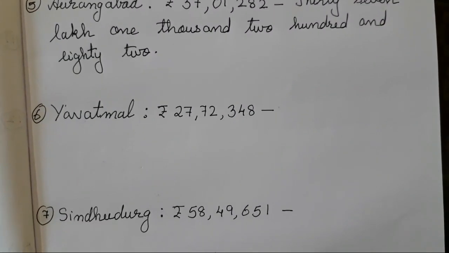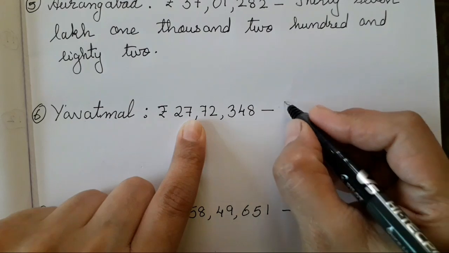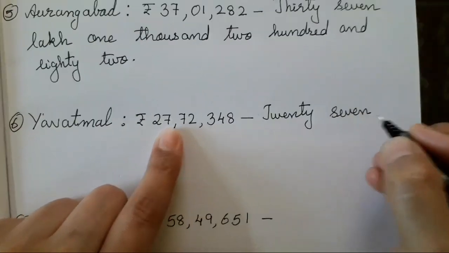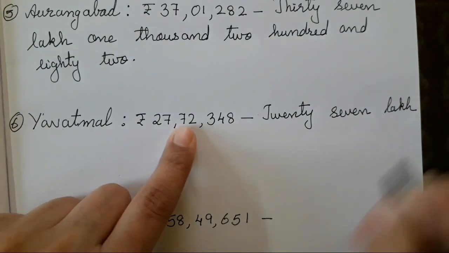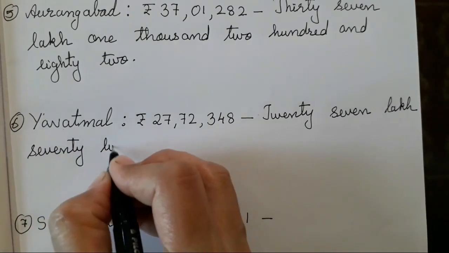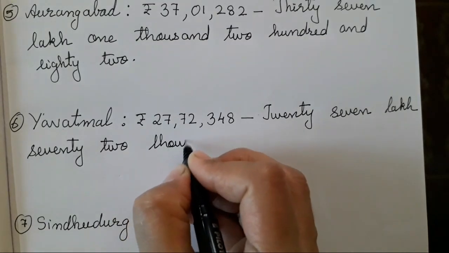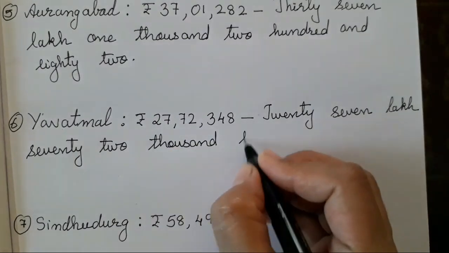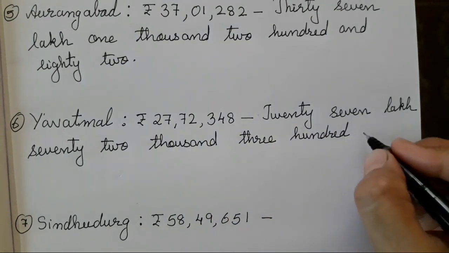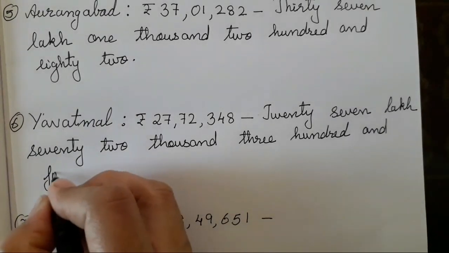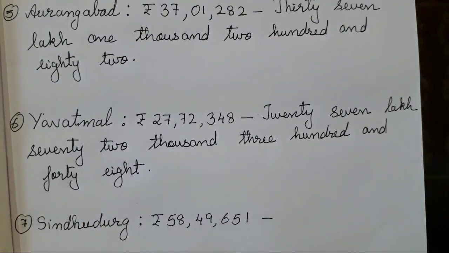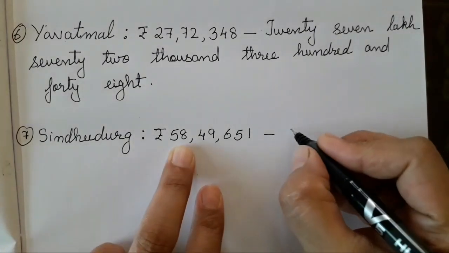But be careful about the numbers. 27 lakh. So go comma-wise. 27 lakh, 72,000, 300 and 48.